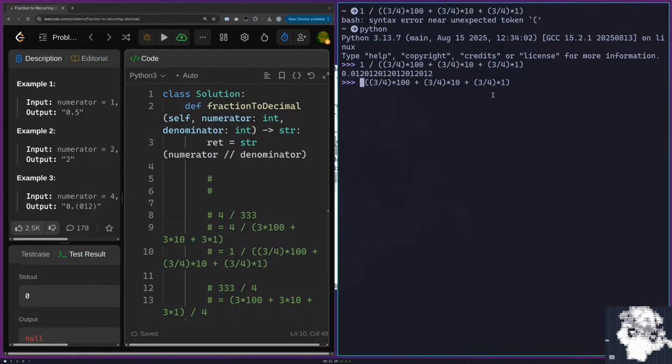Is there a way to get rid of the 1 over and just say that this is 10 to the negative 1, 100 to the negative 1? I don't know if you can write it like this. No, that's not the same.